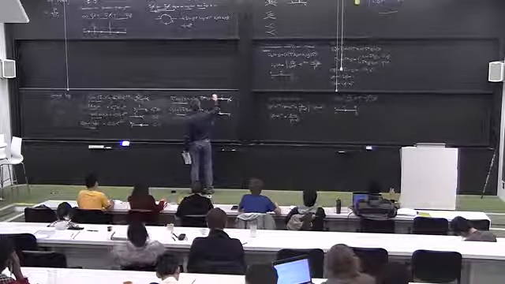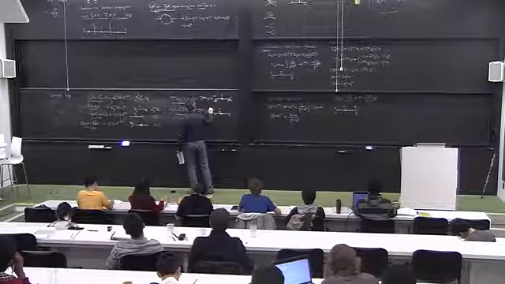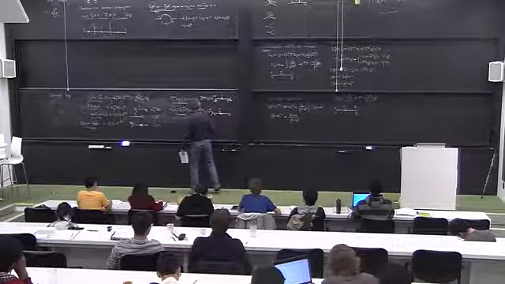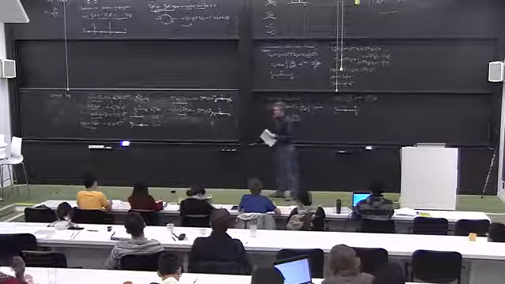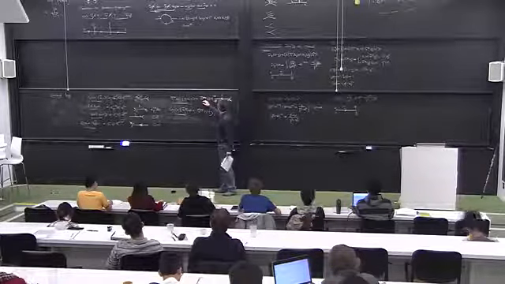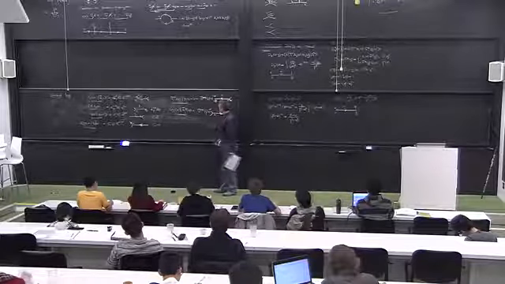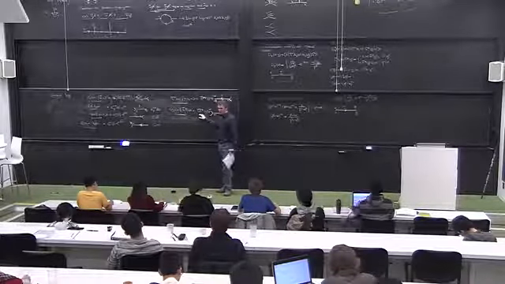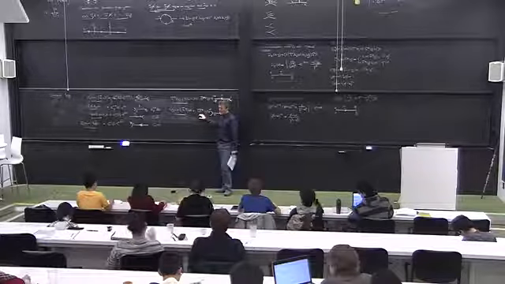This should be with the minus. So this is the wave function of a positron, and this is the conjugate of the wave function of an electron.